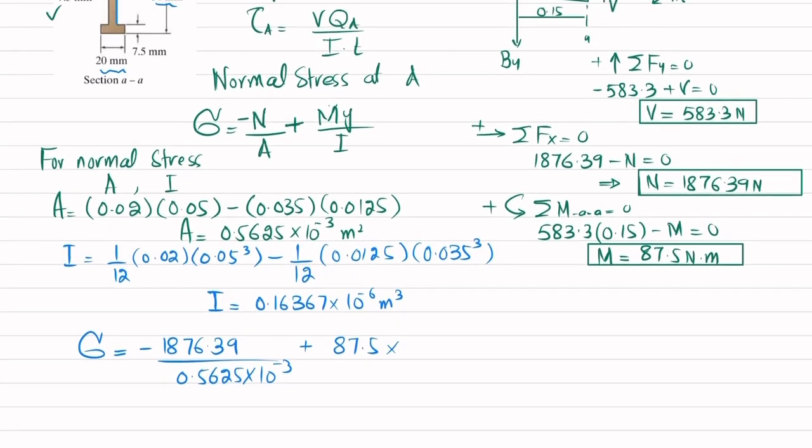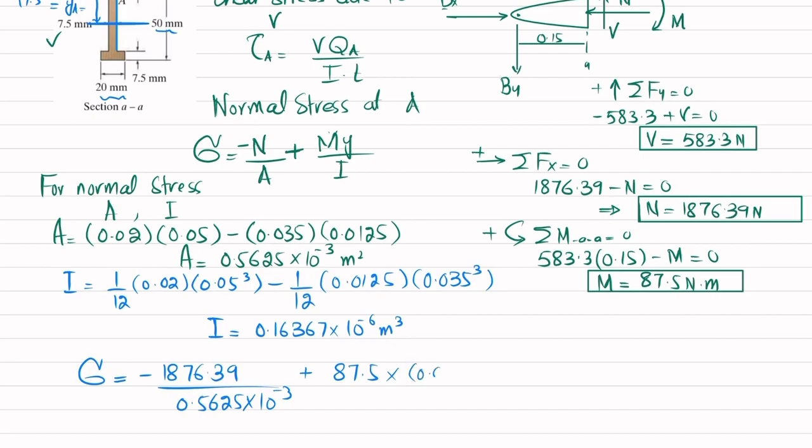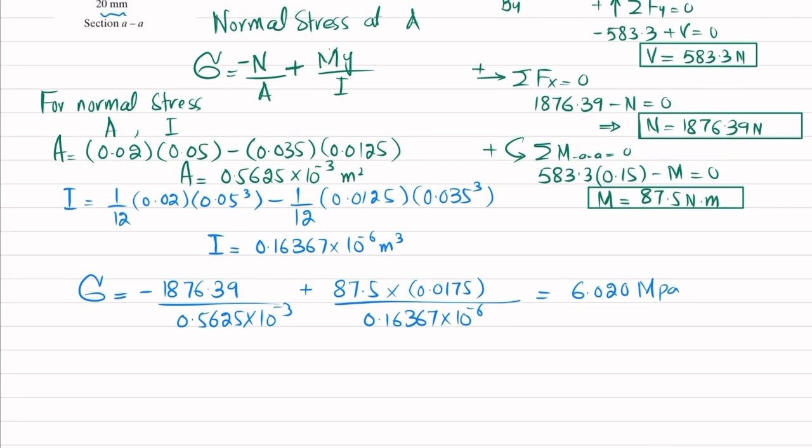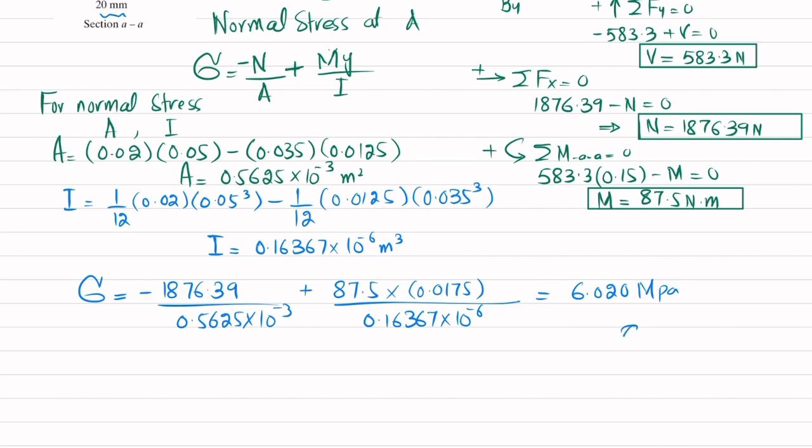In meters, it will be 0.0175, divided by I, and that I is 0.16367 × 10^-6. When you solve this, you will get the normal stress, due to these two stresses, equal to 6.020 megapascal.